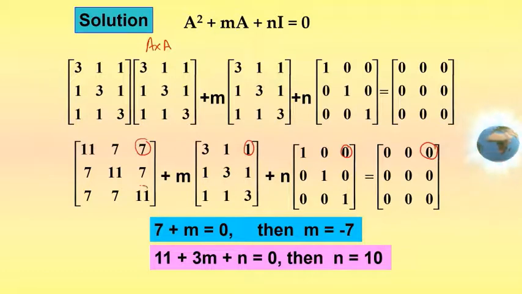So 11 plus m times 3 plus n times 1 equals 0. Therefore we have the second equation. Then by substituting m into this one, we can get n equal to 10.